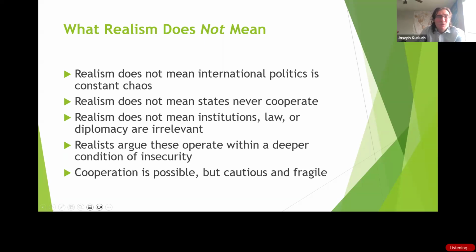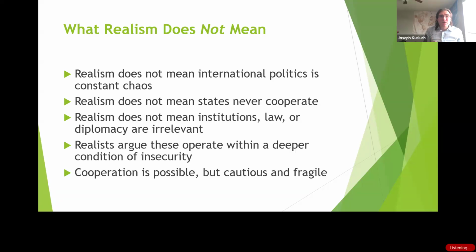So what does realism not mean? This does not mean that international politics is constant chaos. Remember, we learned that anarchy in the IR context doesn't mean constant chaos. It does not mean that states never cooperate. It does not mean international law, diplomacy, or institutions are meaningless.